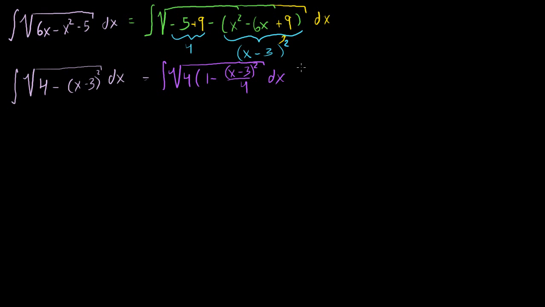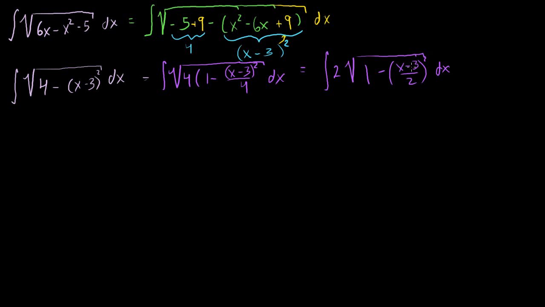Let me simplify it even more. If I take the 4 out, it becomes 2 times the square root of 1 minus, and I can rewrite this, let me write it this way, 1 minus x minus 3 over 2 squared dx. And where did I get that 2 from?